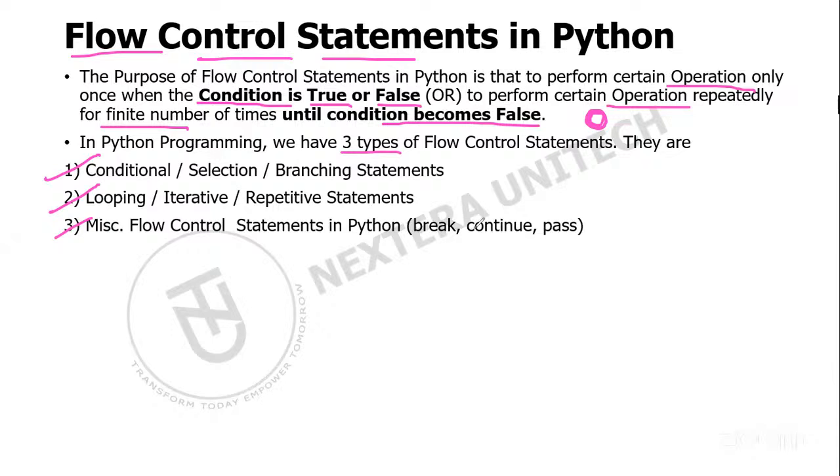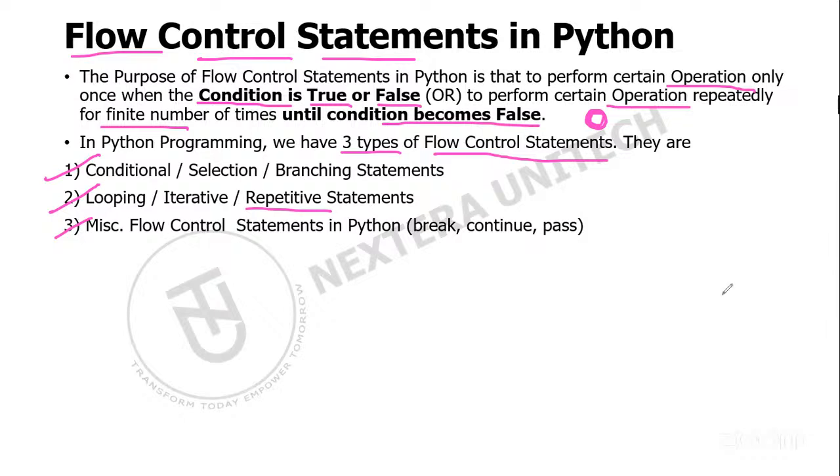All these three types come under flow control statements. Conditional statements are also called selection statements or branching statements. Looping is nothing but iterative statements, repetitive statements, repeating the same task, right? That is why they are called repetitive statements. We'll be understanding one by one.